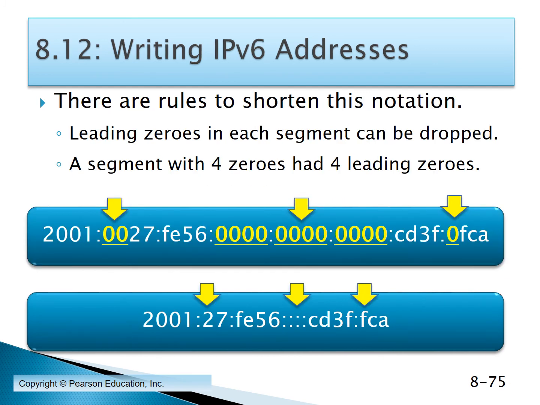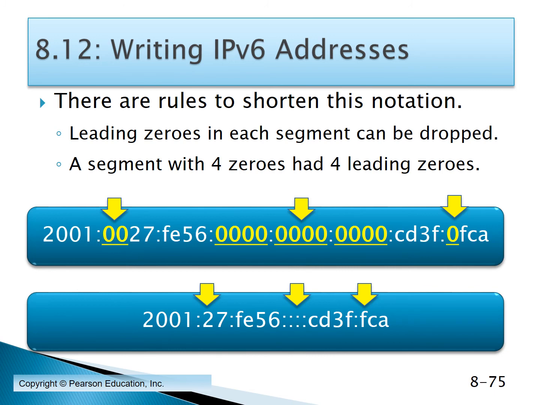There are also some rules to shorten this notation. For example, leading zeros in each segment can be dropped. If my IP address is like this, and this segment has leading zeros, I can drop these 2 zeros.